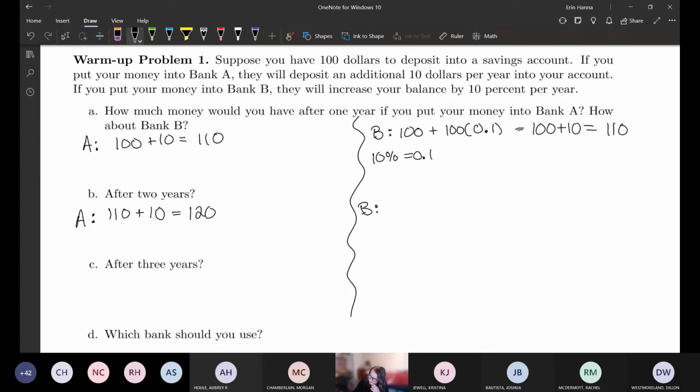Whereas for Bank B, your starting value was 110, and they're going to add on 10% of that value. 10% of that value is 11, so we'll have $121 in Bank B. So it's only a difference of $1, but Bank B is a little better right now. Well, what about 3 years? The beginning balance for the third year would be 120.